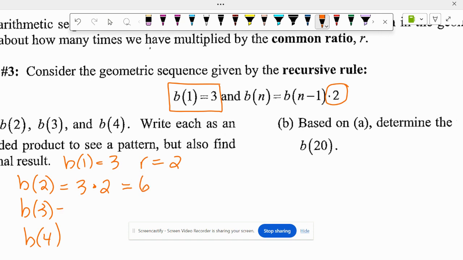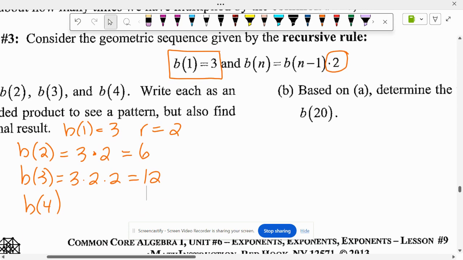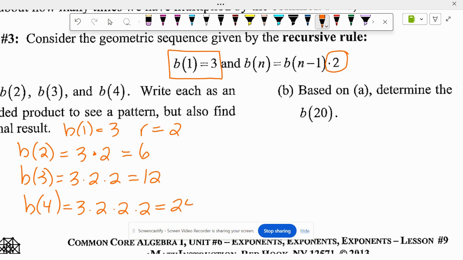If I want to find the next term, the third term, I'm going to take 3 times 2 times 2, which is 12. And if I want to find the term after that, because it's asking us to show it using products, right? I'm going to take 3 times 2 times 2 times 2, which equals 24. Okay.